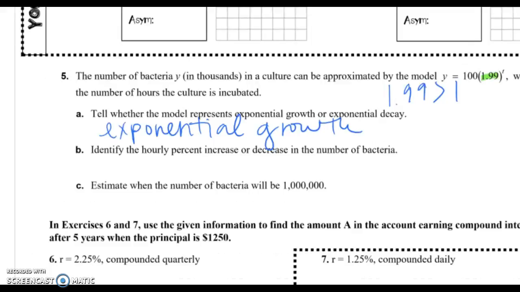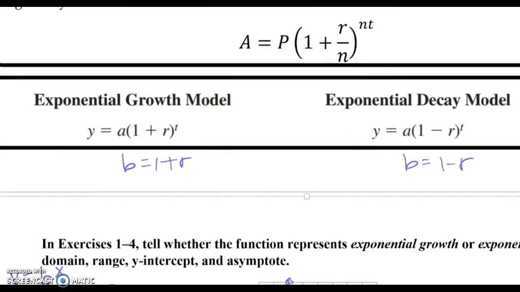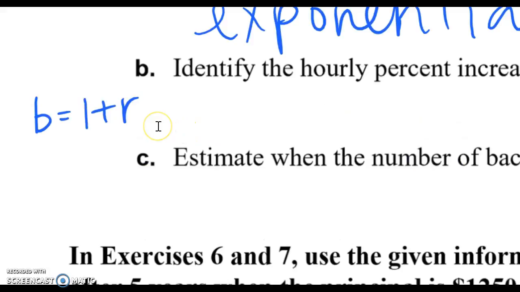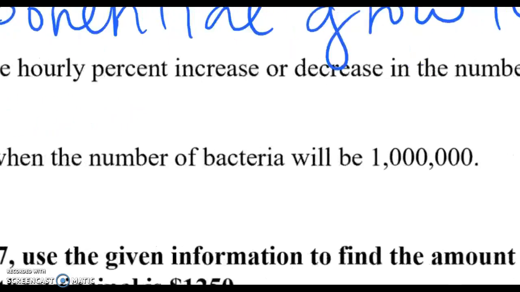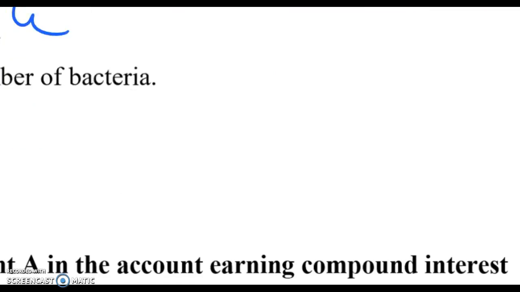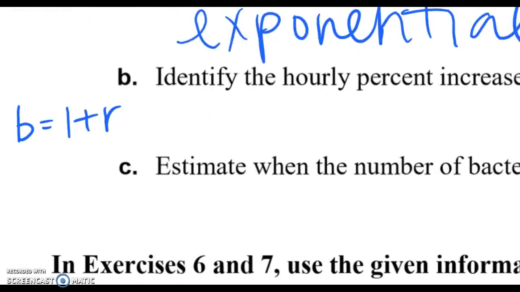Next, we need to identify the hourly percent increase or decrease in the number of bacteria. For that, we're going to use the exponential growth model. Remember I told you that b is the same thing as 1 plus r. So go ahead and write down that formula. Remember that b is 1.99 because that was given to us. We need to figure out what r is. R is going to be the answer to this question.